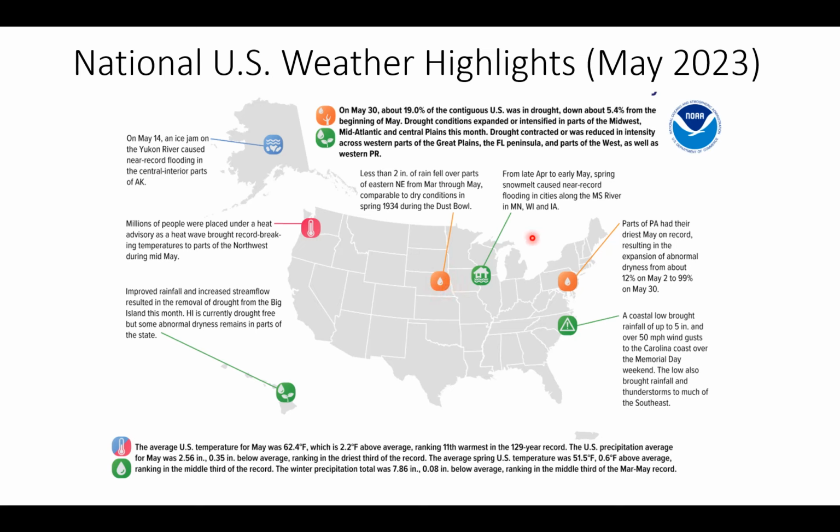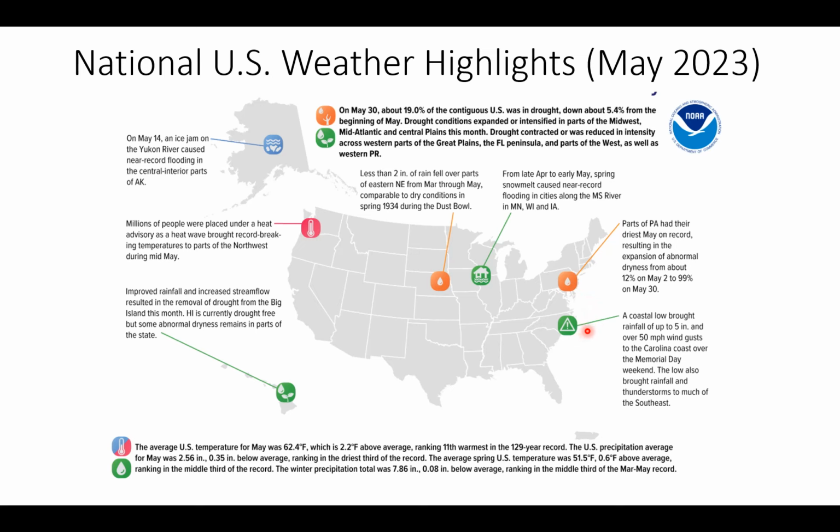And then from late April to early May, we saw a spring snowmelt, which caused near record flooding in cities generally along the Mississippi River and parts of Wisconsin, Minnesota, and into Iowa. And then in Pennsylvania, parts of PA had their driest May on record, resulting in the expansion of abnormal dryness from about 12% on May 2nd, all the way up to 99% on May 30th.